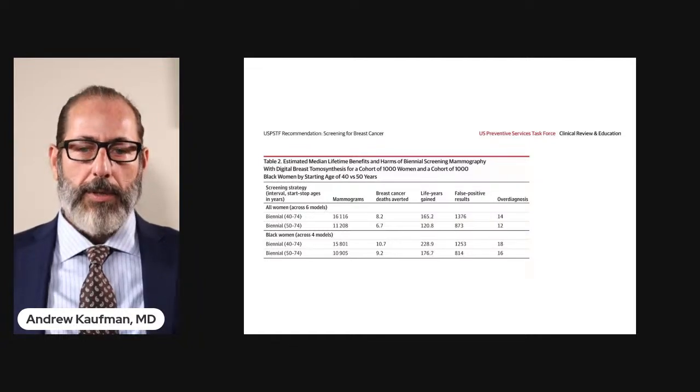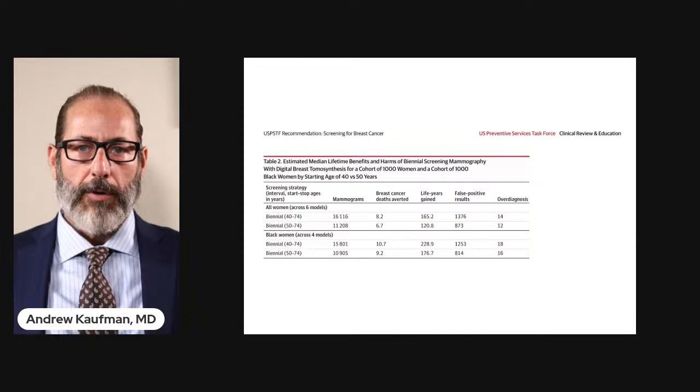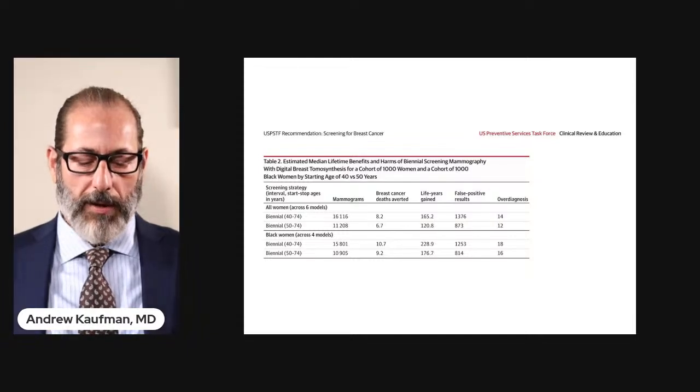Well, that's quite interesting that you're 2 times as likely to receive unnecessary treatment for cancer that you don't have than have your life be quote unquote saved by getting this screening.